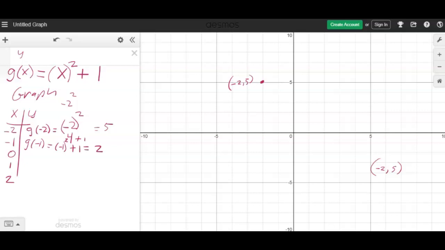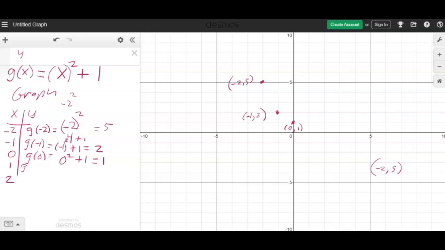So now I have the point -1, 2: go over 1 to the left, and go up 2. G of 0 equals 0 squared plus 1. 0 squared is 0, so I get a 1. So I have the point x is 0, y is 1. That's the point 0, 1.